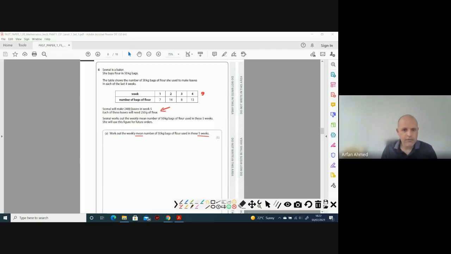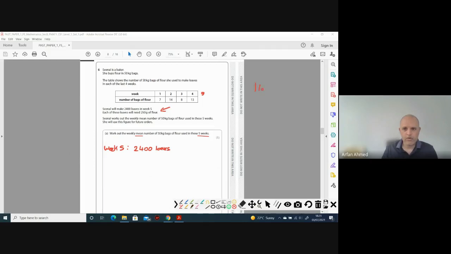She'll make 2,400 loaves in week 5. Each of these loaves will need 250 grams of flour. So in week 5, she makes 2,400 loaves. Each needs 250 grams. Let me just show you on the side.